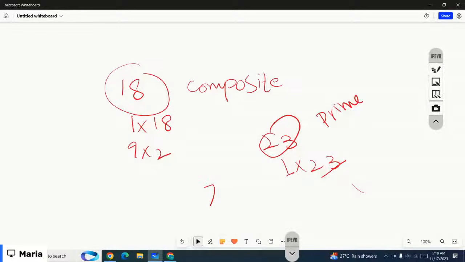Which two numbers when multiplied make 7? You have only two factors, 1 and 7. And there is no other factor, right? Then it is prime, not composite.